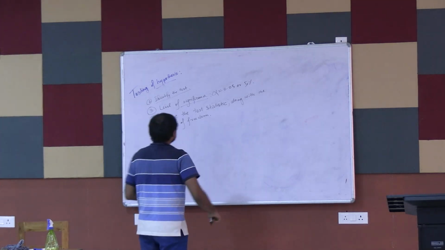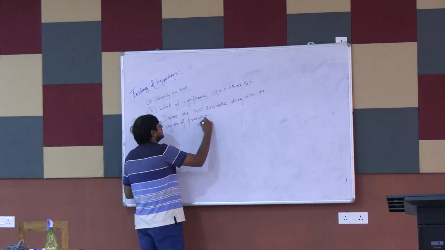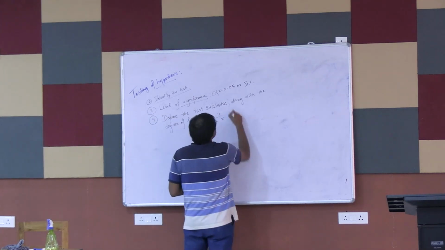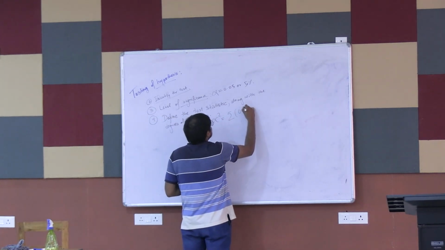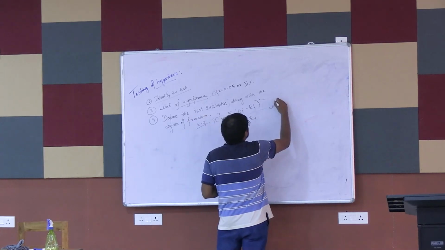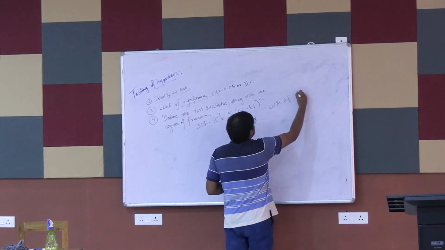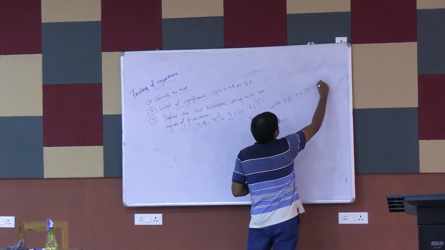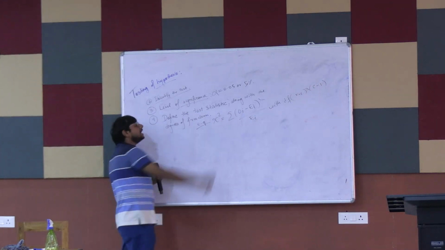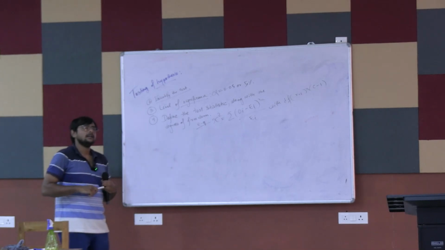Understandable? Let me give some examples. For chi square, the test statistic would be summation (Oi minus Ei) squared divided by Ei, with degrees of freedom (R minus 1) into (C minus 1). This is exactly how we are going to write a test statistic. Understood?